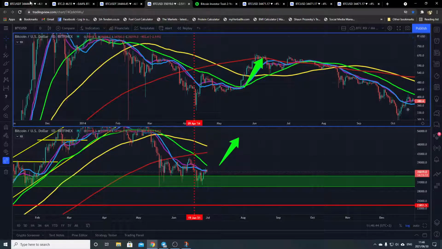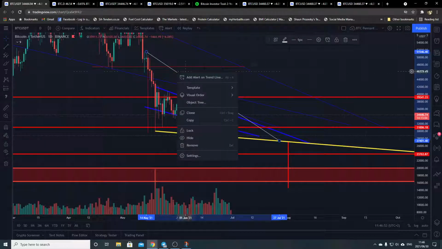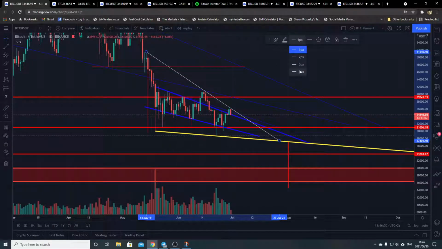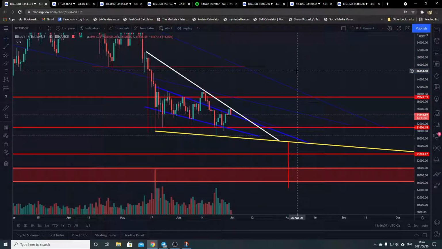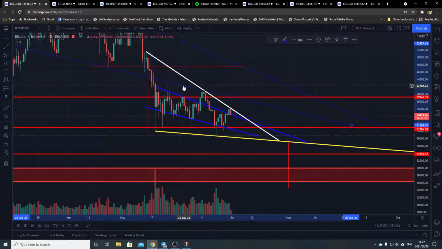Okay, guys, I'm just going to go back to this chart over here. This is my descending or falling wedge. Let me make it thicker for you guys. What I'm seeing here is we've got a touch point here. Funny enough, we get this downward sloping resistance because we haven't been able to break over.